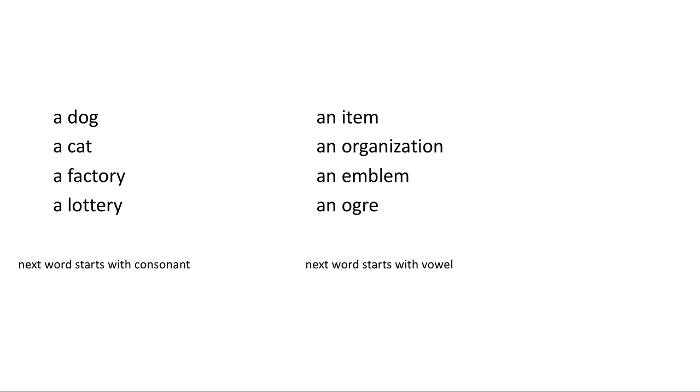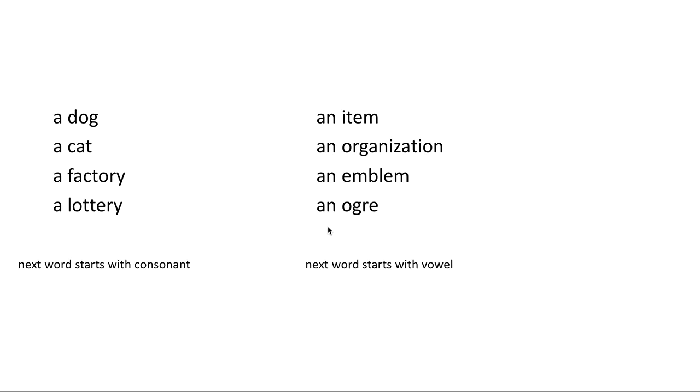Okay, this problem is actually pretty easy. We see that the next word in all of these cases after a begins with a consonant, whereas the next word in all of these cases after an begins with a vowel. So essentially we have one morpheme with at least these two different allomorphs.